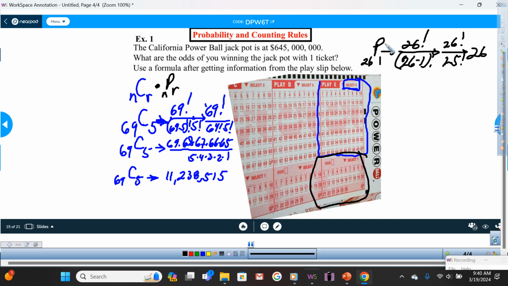So, now that we have this, and now that we have this, what do we do at the end? Tell your neighbor. Yes, multiply them. So what we got for the combination and what we got for the permutation? What are the total odds of you winning the lotto?